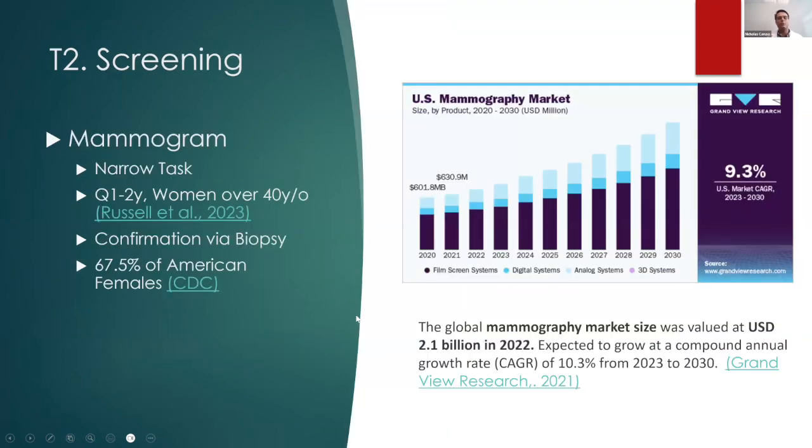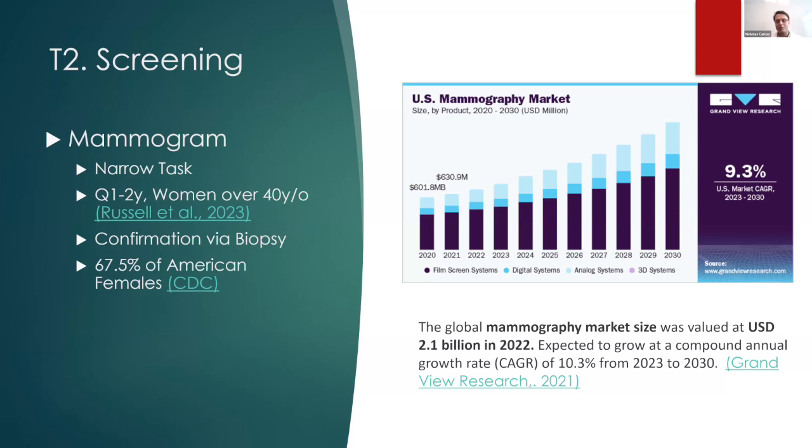To talk a little bit about mammograms, mammograms are a narrow task. They're a radiology test women over 40 receive every 1 to 2 years. About 68% of American females who qualified for it received it last year. And then ultimately you diagnose breast cancer via biopsy. So the way I see incorporating AI is that AI can read the mammogram with a very specific task-related purpose.